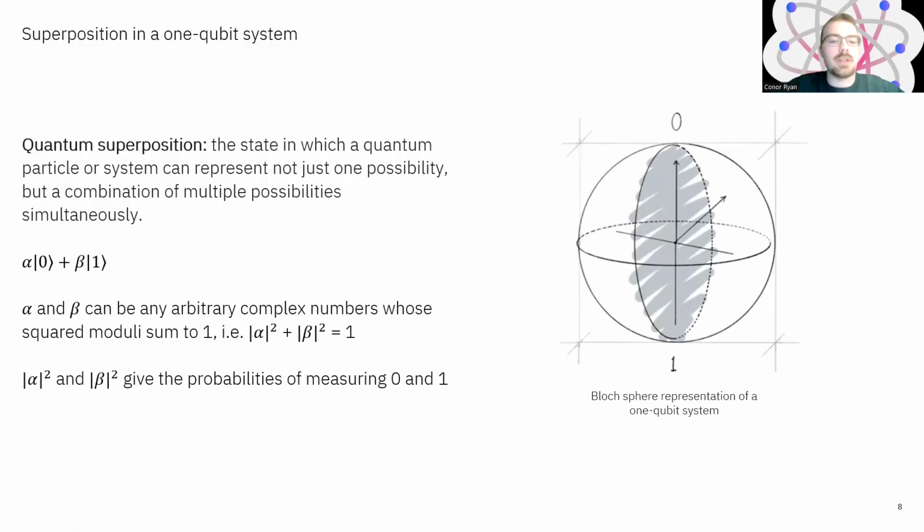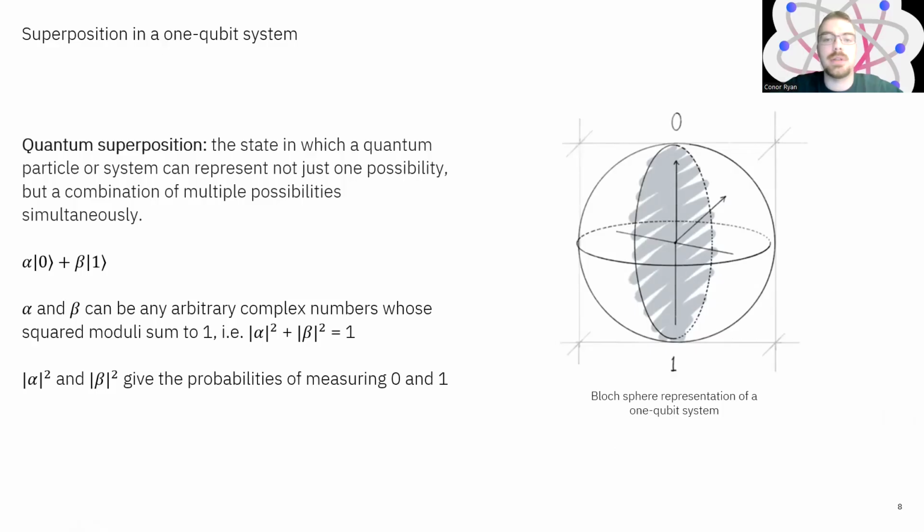So, in a more mathematically defined sense, as mentioned before, you have 0 and 1 as your possibilities, and they can combine in a vector form as such with quantum amplitudes alpha and beta. So alpha and beta do not represent the probability of measuring 0 and 1 directly, but instead can be complex numbers whose absolute values squared would give the individual probabilities of measuring each quantum basis state, 0 or 1.